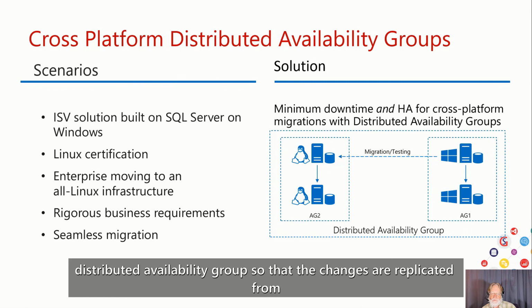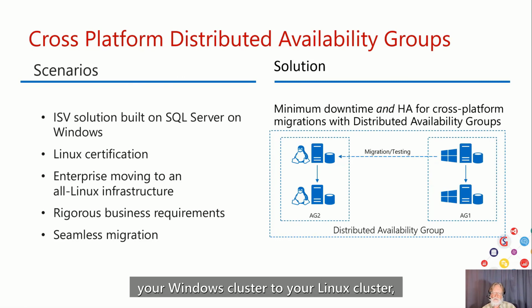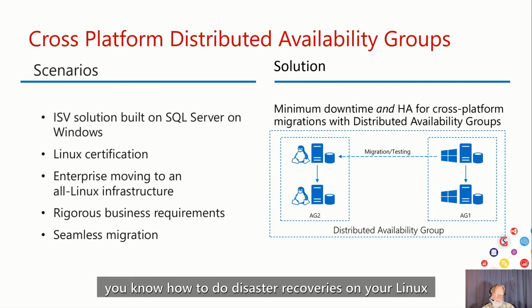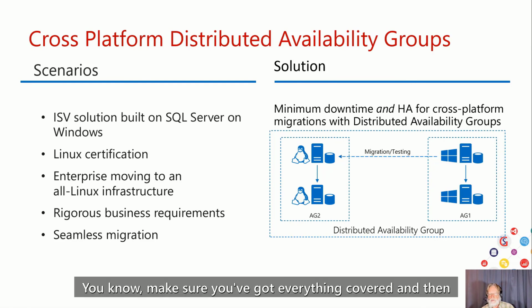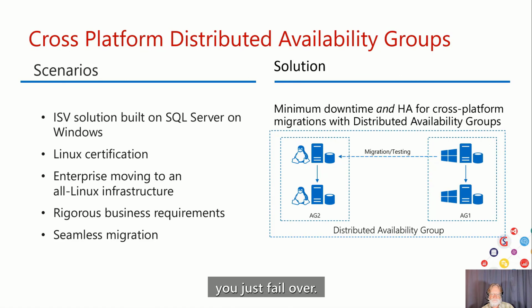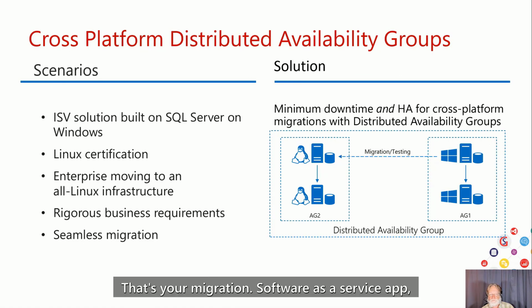You set them up as a distributed availability group so that the changes are replicated from your Windows cluster to your Linux cluster, and that way you can do full testing with real-time production data on your Linux side. Get comfortable, you know how to do disaster recoveries on your Linux side, make sure you've got everything covered, and then you just fail over. That's your migration.